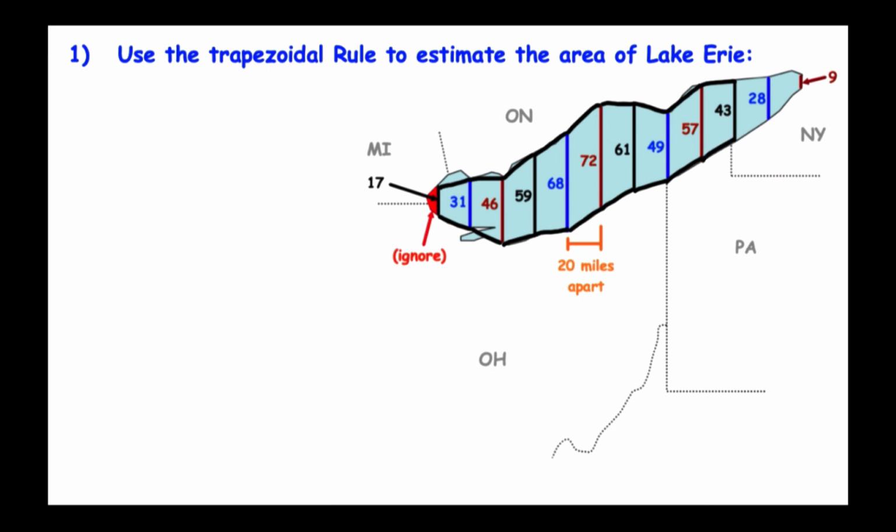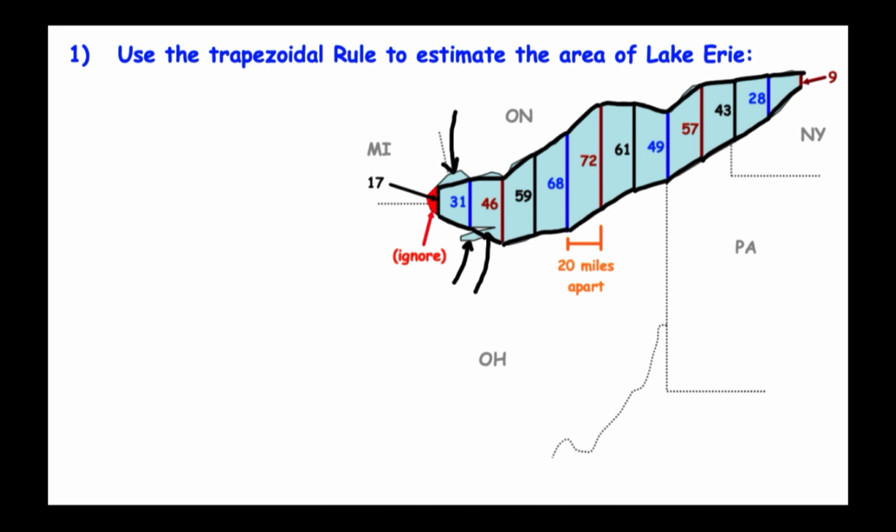As you can see, when I'm making these trapezoids, I'm losing a little bit of accuracy. There are places where I'm missing a little bit of the lake. I'm counting Marblehead and Lakeside and Port Clinton as part of the lake when they're really not. So this is not perfect. I'm missing Sandusky Bay, but it's really, really close.